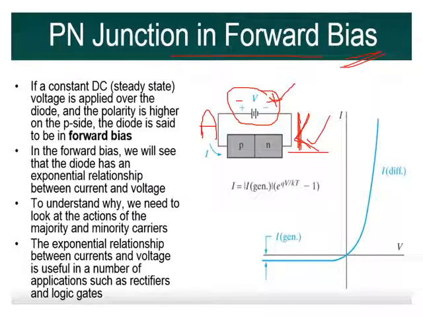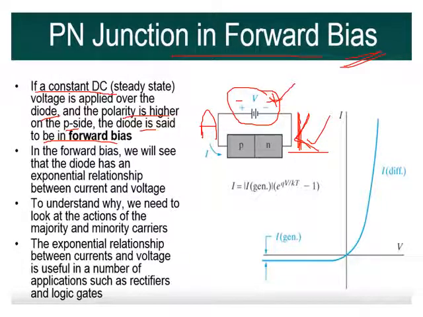Here we are seeing a constant DC, and we know what DC is: direct current. If a constant DC voltage is applied over the diode, with the polarity higher on the P side, the diode is said to be forward biased.